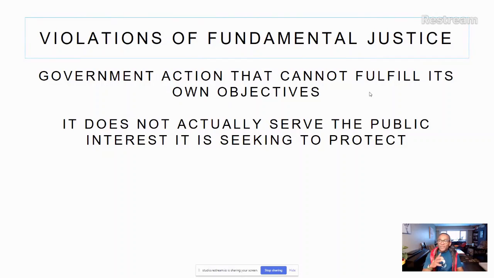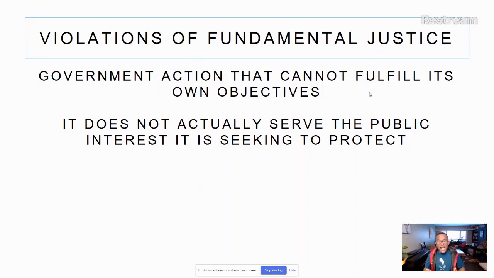So, one way the government can violate fundamental justice is where they do something or they enact a law that doesn't fulfill the objectives it set out to achieve. Say the government wants to do something and they make a law about that thing, and they say this is the reason why we made that law. But then you read the law and you go, well, no, this is in no way related to the objectives you set out in the law.